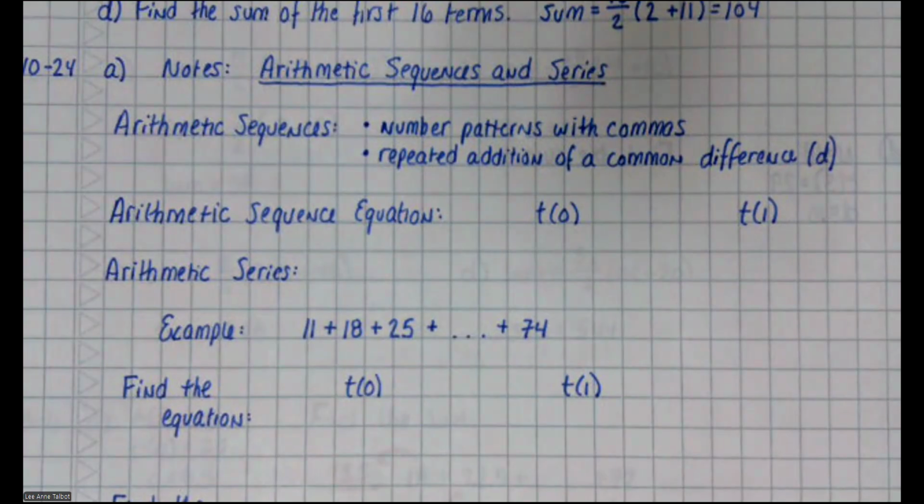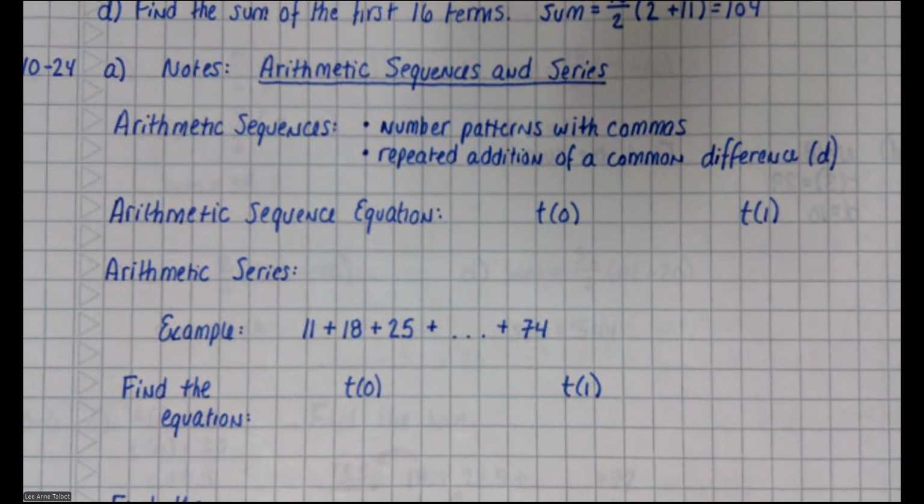Okay, arithmetic sequences. They are number patterns with commas. It's made by repeated addition of a common difference D. Remember, D can be negative. You can add negatives. That's the same thing as subtracting.